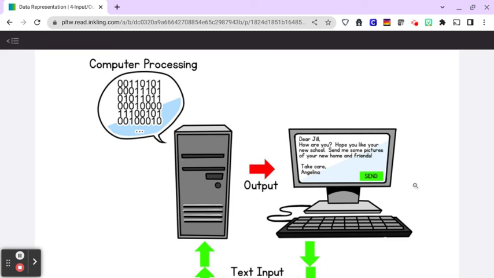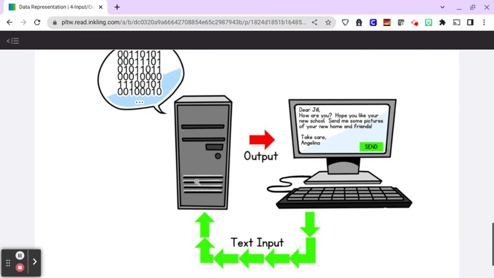We see it on the screen, but before we can see it on the screen, that text has to go into the computer, which is the tower, or on our Chromebooks, it's just inside the device. The computer converts it into all of these combinations of zeros and ones, and then it gives the output onto the screen right here, which is how we can read it in full letters and words.